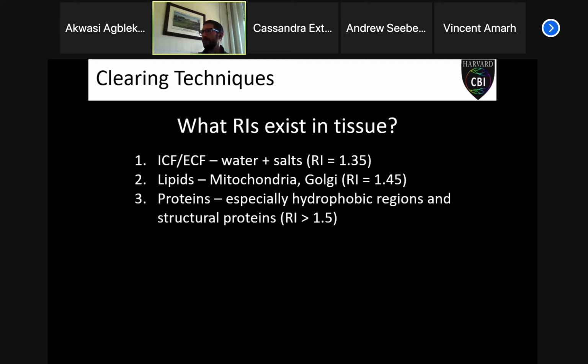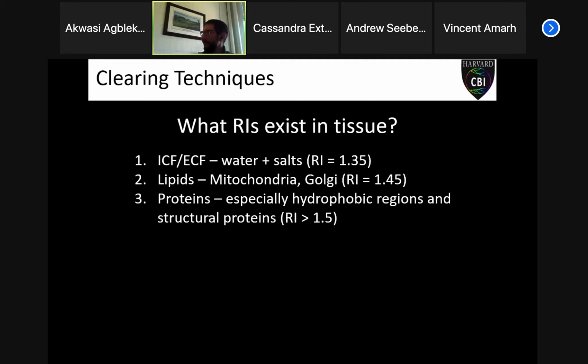And there are three major refractive indices that we have in any biological tissue. The first is our intracellular and extracellular fluid, which is essentially water, salts, and a little bit of protein. So this has a refractive index very close to water, just a little over 1.33, at about 1.35, 1.36. We have a lot of lipid in our cells. These are one of the largest contributors to light scatter, especially in subcellular organelles that have dual membrane layers, like mitochondria or Golgi.